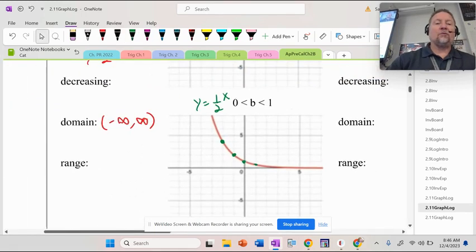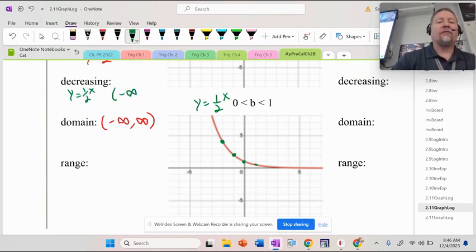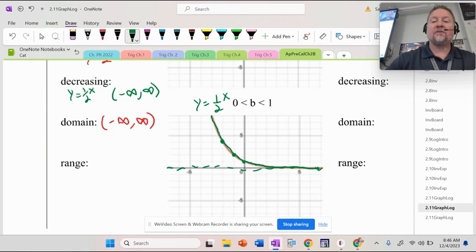Okay, so this one is decreasing. So the y equals 1/2 raised to the x is a decreasing function from negative infinity to infinity. So I'll kind of trace this in green. So it just correlates how they structured their notes. We still have this asymptote, so those are shared between these two.